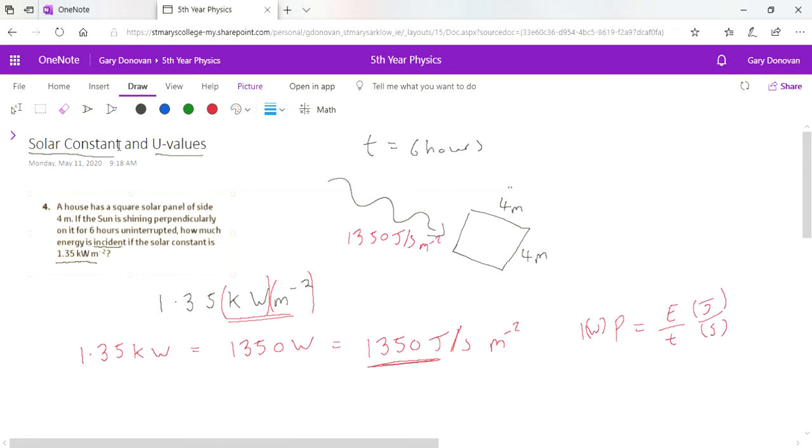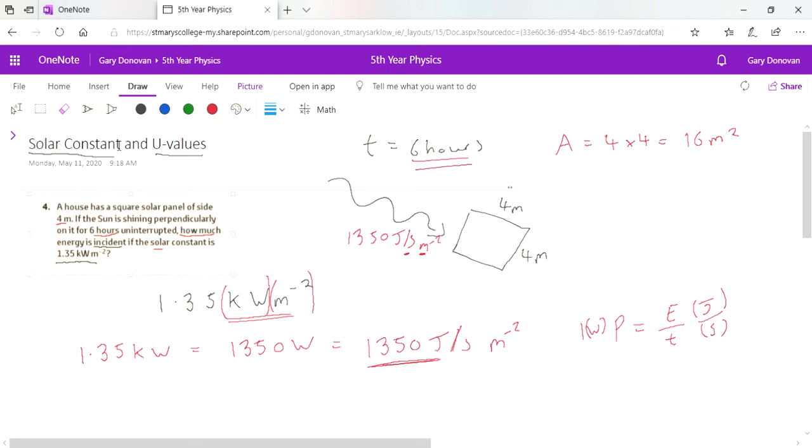Now we want to find the total amount of energy that falls on it over a 6-hour period. If this is the size of the solar panel, we need to figure out how many seconds the sun is falling on it for and how many meters squared there are. The area of the panel is 4 by 4, which is 16 meters squared.